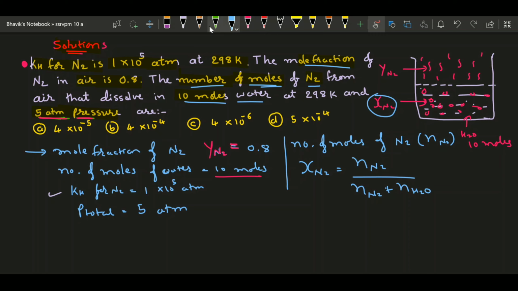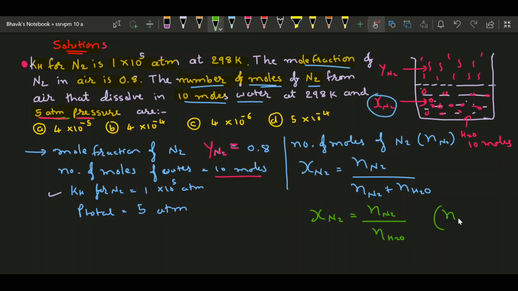But one more thing here, the nitrogen is in a gaseous form, so the amount of nitrogen is very less. So I can write this formula like this: XN2 is equal to nN2 divided by nH2O. We have neglected the moles of nitrogen in the denominator. Why?